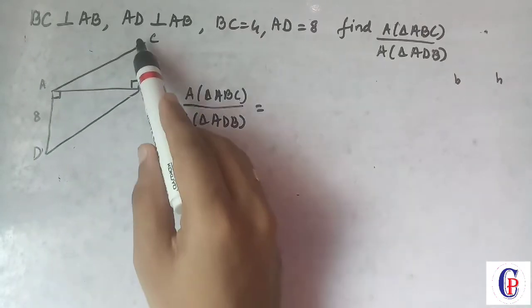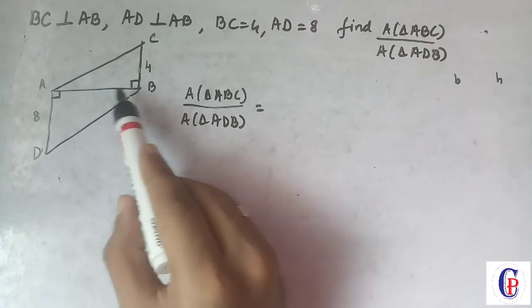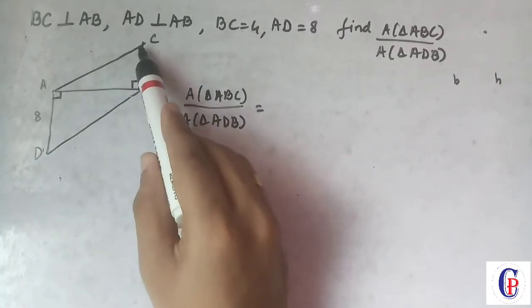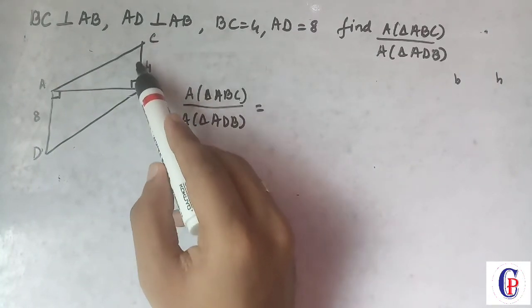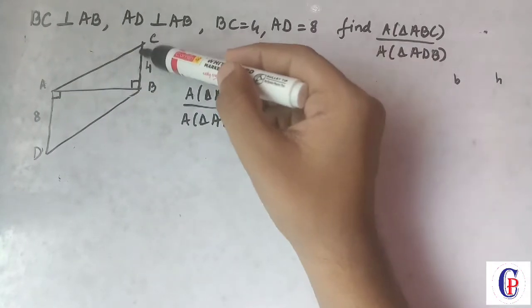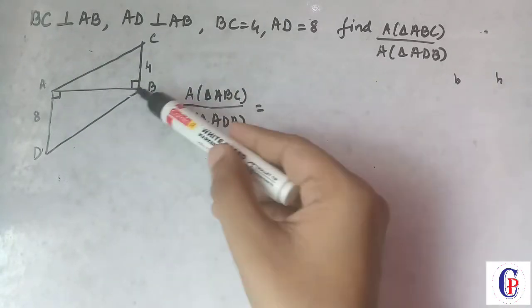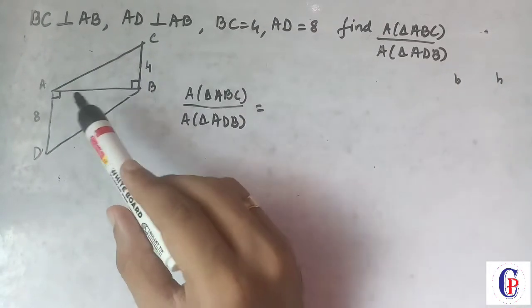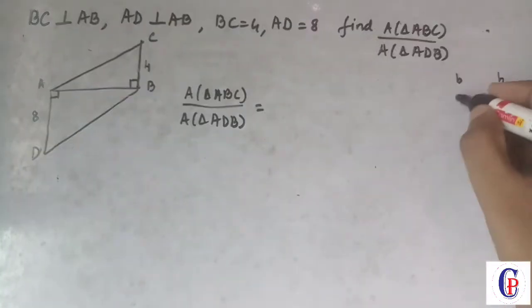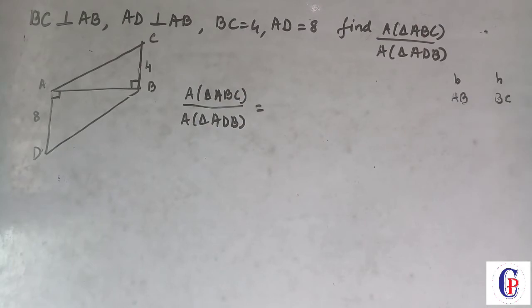AB is the base and CB is the height, the perpendicular from the opposite point. Or you can also say that this is the base and this is the height. But for this calculation we will consider AB as the base and height is BC. Follow?